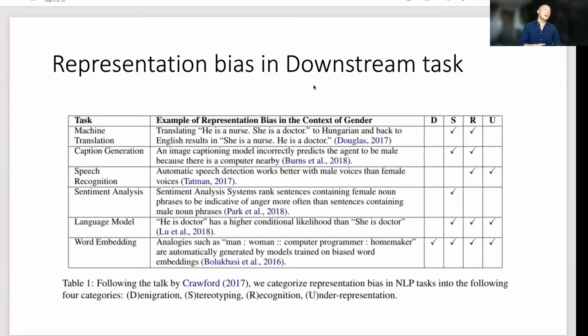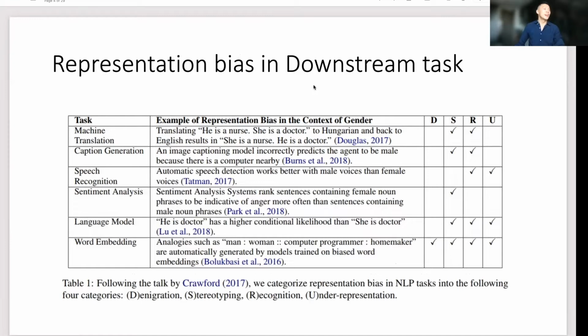In the talk by Crawford 2017, they compile the representation bias in the context of gender bias, and they try to classify them into 4 categories: denigration, stereotyping, recognition, and underrepresentation.